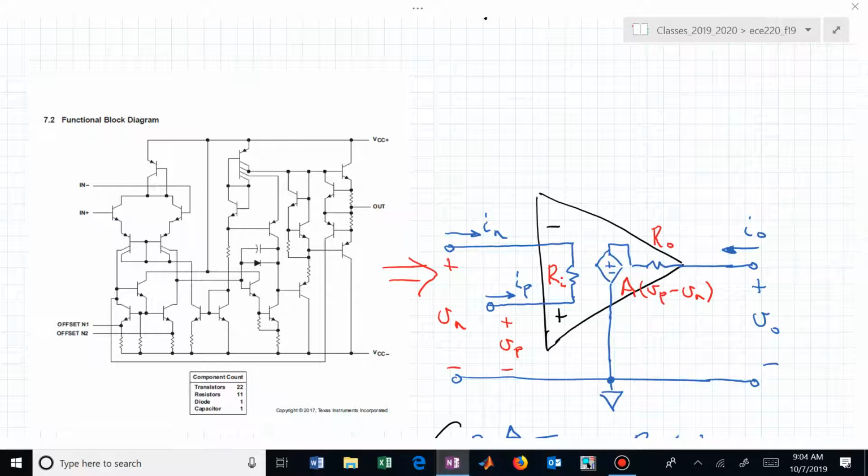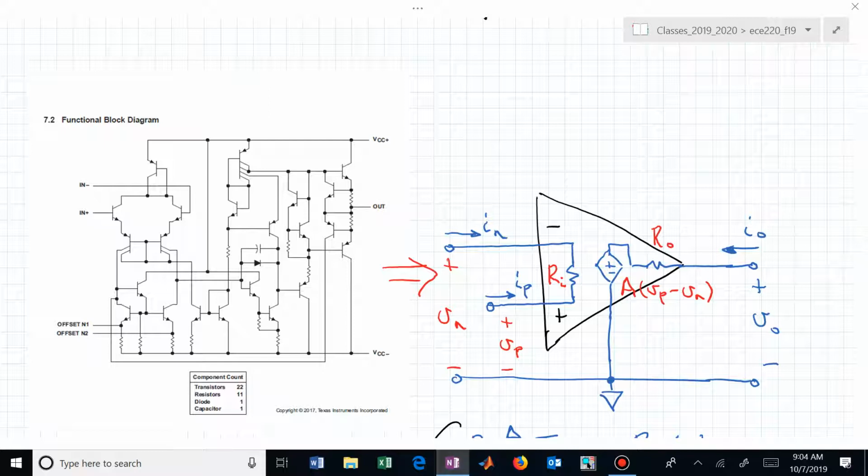We have an input resistance, R sub I, between the inverting pin and the non-inverting pin of our op amp. Not shown here is the power supply that allows it to operate, but that has to be turned on. Based on the difference between the non-inverting voltage and the inverting voltage, we get a scaled version at the output, and we also have an output impedance.